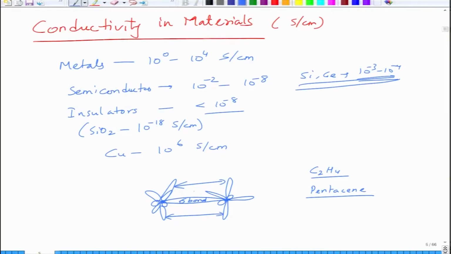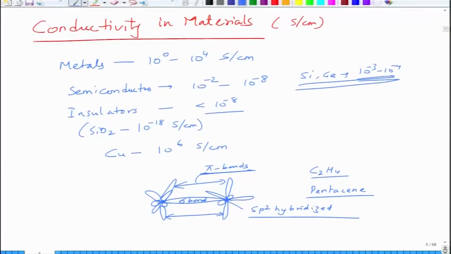But on the periphery we have a pi bond, a double bond between the sp2 hybridized carbons. Between the pi lobes we have pi bonds, and these pi bonds are weaker in nature, and along the outer periphery conduction takes place for electrons, if you have a composition appropriate to make this happen.